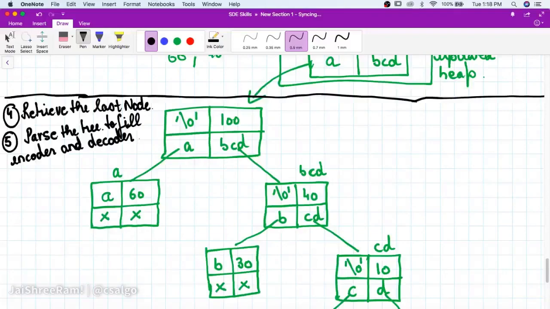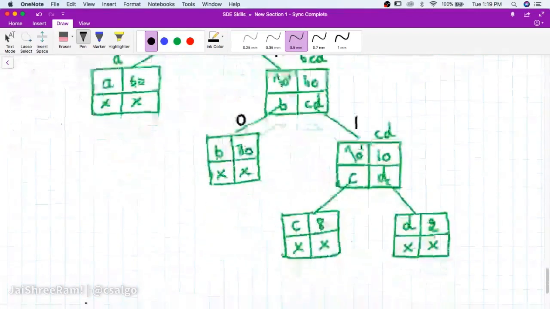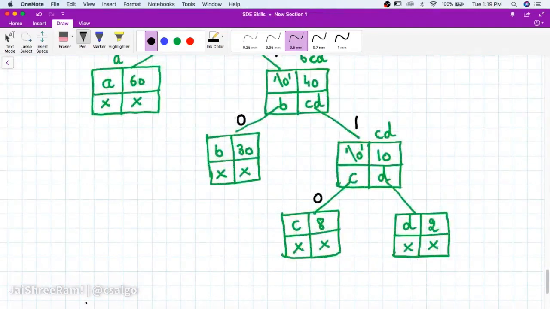We will do a pre-order traversal of this tree, and whenever we move towards left, we add a 0, and when we move towards right, we add a 1. So we started from this node, moved left, added 0, moved right, added 1. Again left, added 0, again right, added 1. Now again left, added 0, and again right, added 1.